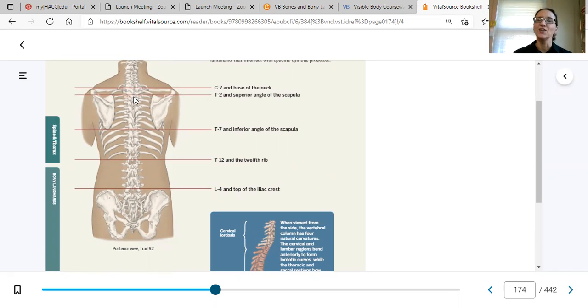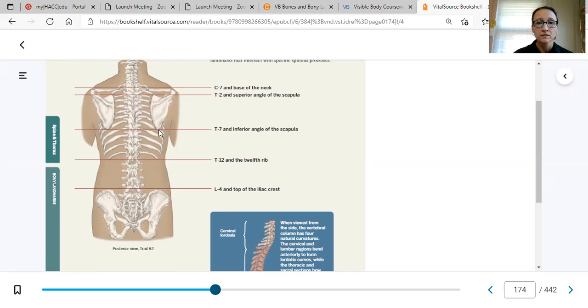T2 lines up with the superior angle of the scapula, ideally. If your shoulders are elevated, then it's not going to, but ideally, in a perfect body, T2 would line up with the superior angle of the scapula. So you have an idea of where T2 would be.